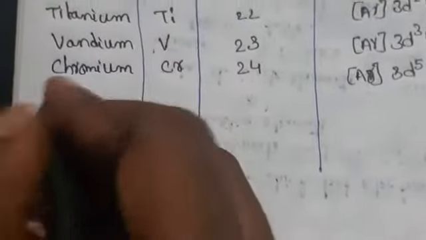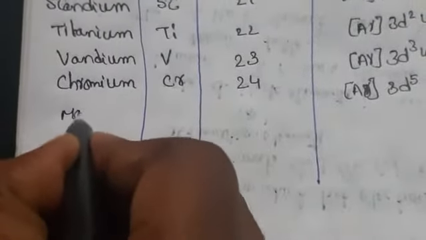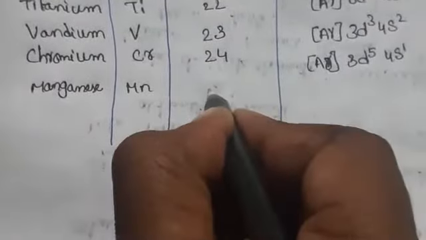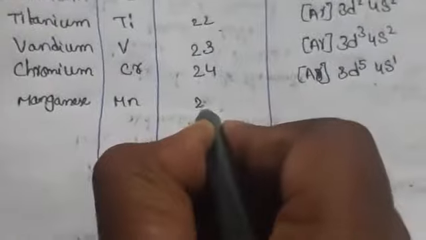Next, manganese, symbol Mn, atomic number 25.